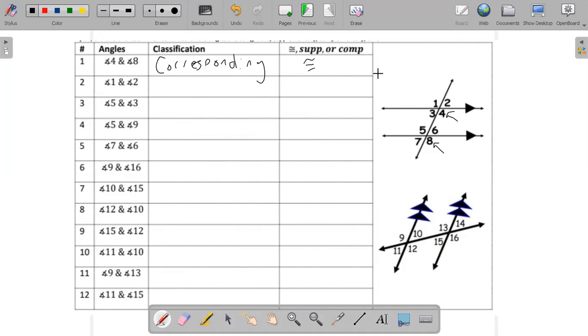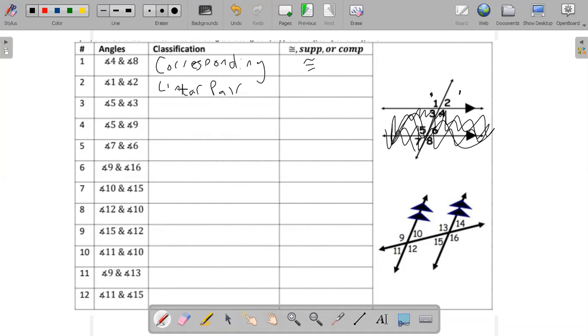Okay, so that's how we're doing this worksheet. The second part, angle 1 and angle 2, this angle here and this angle here. I could cross off every other thing that doesn't have anything to do with this. And I can obviously see that angle 1 and angle 2 are next to each other, which means that they are a linear pair.